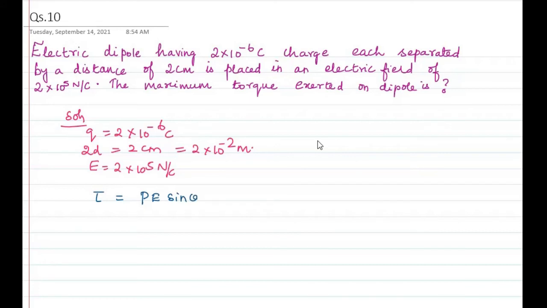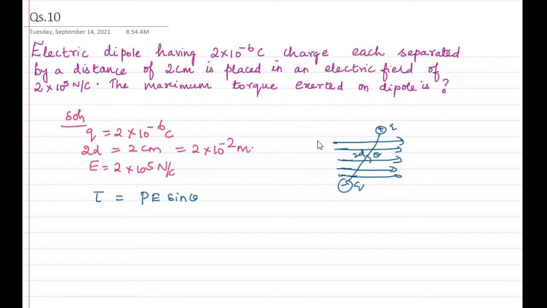Now in the uniform electric field, you draw the field lines all of equal length. You place a dipole here, plus Q and minus Q separated by a distance of 2d, and let it be aligned at some angle theta.